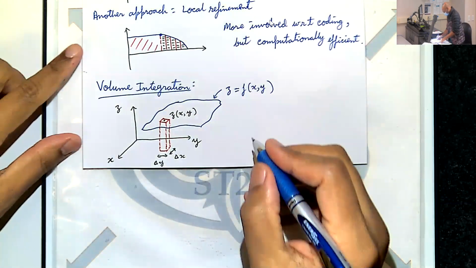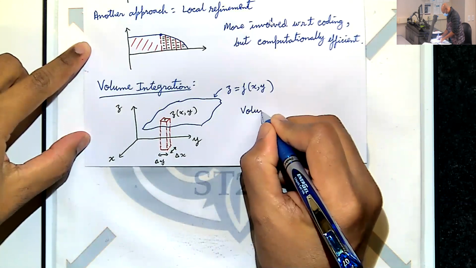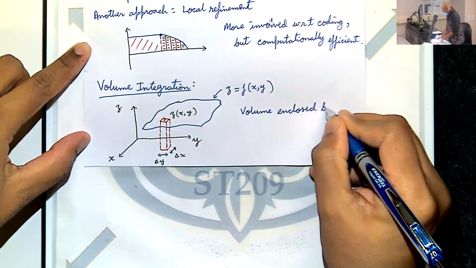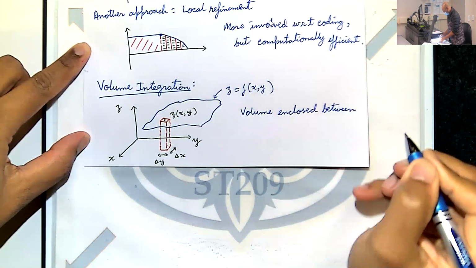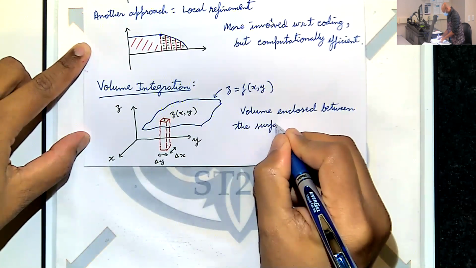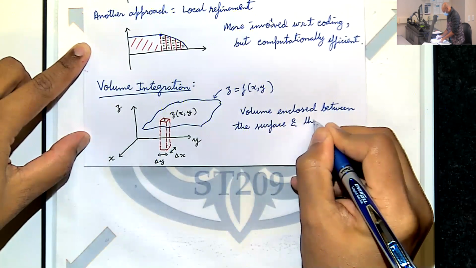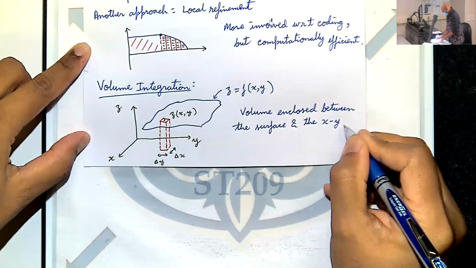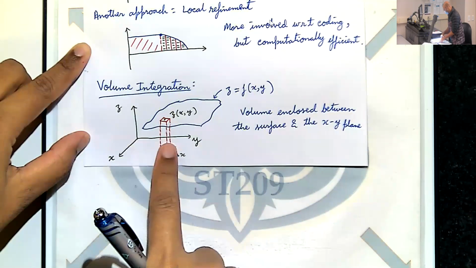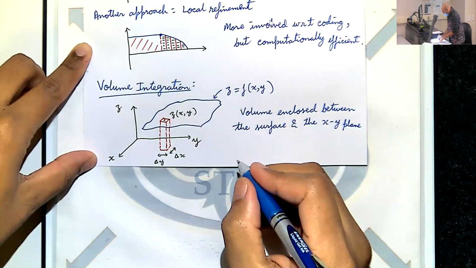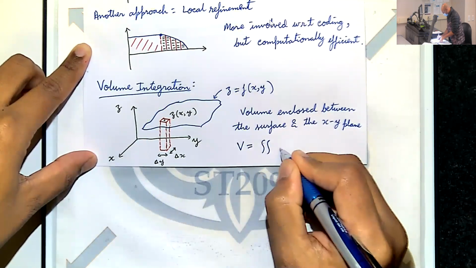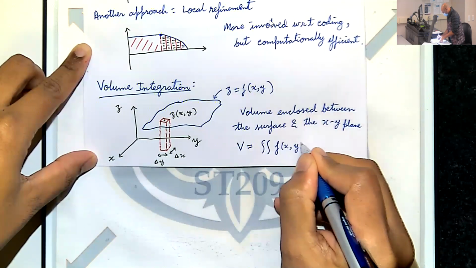In this case, the volume enclosed between the surface I've drawn and the xy plane, all the way up to the flat plane, we would say V is the double integral of f(x,y) dx dy.